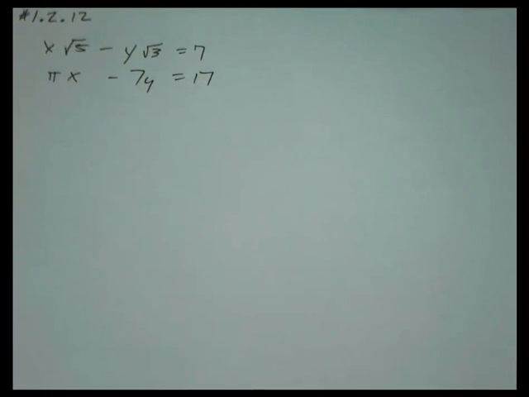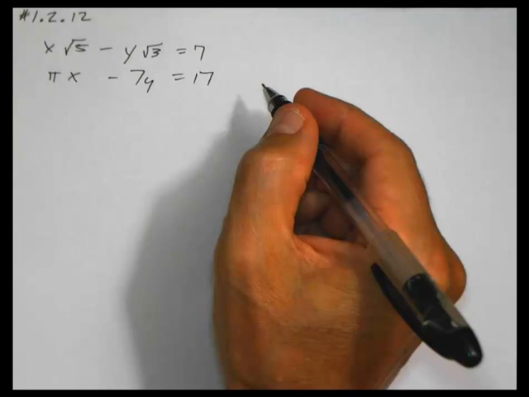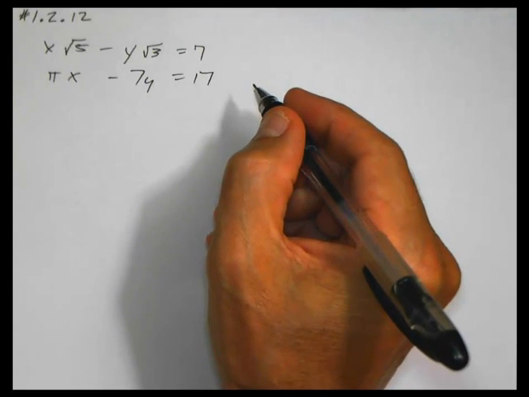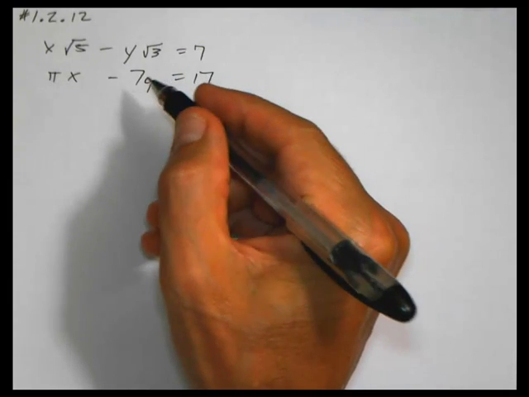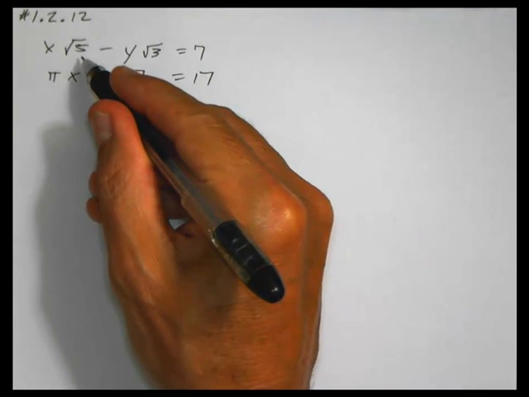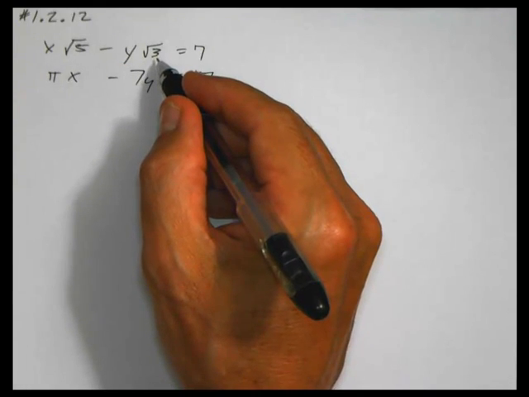Okay, next we take a look at exercise number 12. Here it is here. Let's begin with part A. Decide whether or not we think this is a linear system, 2 variables. The first equation, okay, although we see a square root of 5 here, a square root of 3, those are, after all, just constants.